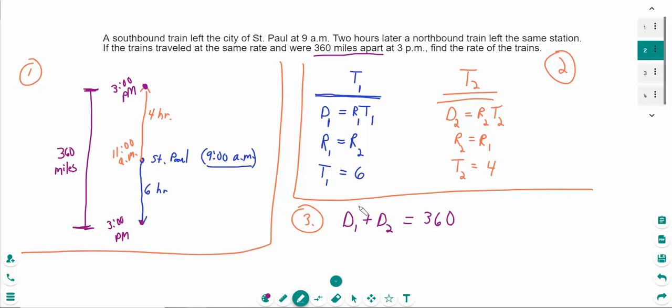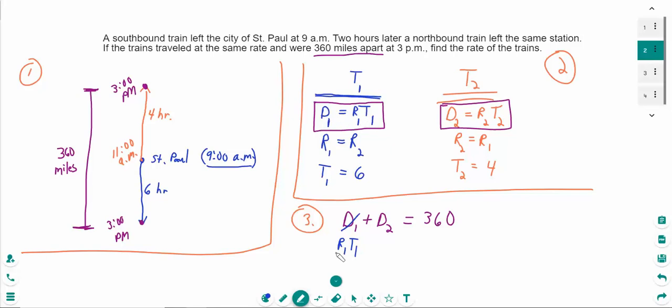Okay? Now we need to translate the d's into rates and times. And we can do that in our heads, but if you need to make sense out of it, notice up here that we said already that distance 1 is equal to rate sub 1 times t sub 1, and distance 2 is rate sub 2 times t sub 2. So what we're going to do is replace this distance 1 with r sub 1 times t sub 1, right? I'm just using substitution.